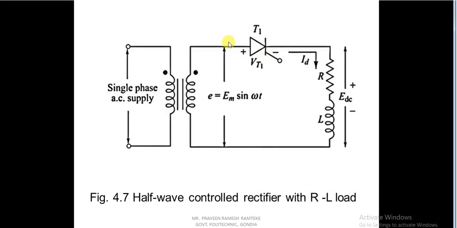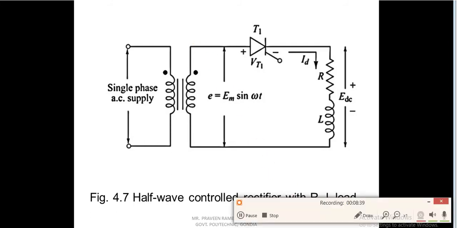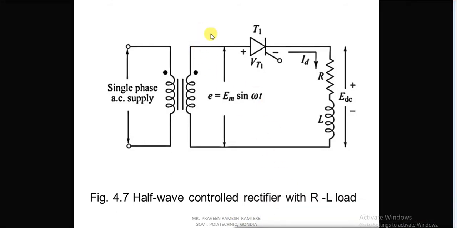During the positive half cycle of the input AC, the anode is positive with respect to the cathode, so the current will start flowing from anode to cathode.